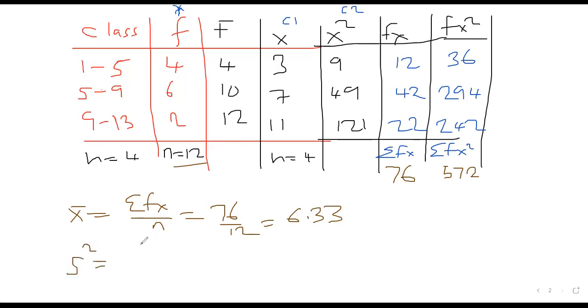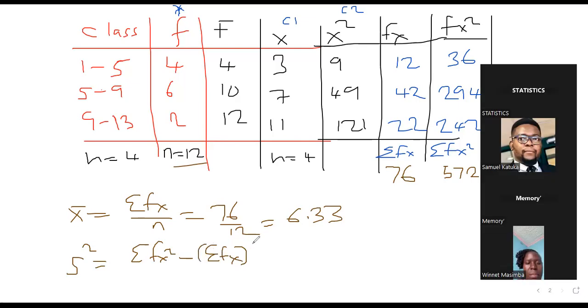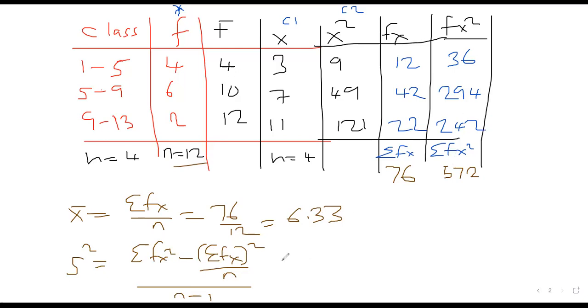Our variance is given by f of x squared minus f of x to the power 2 over n, everything over n minus 1. So in this case, our f of x squared is 572. Our f of x is 76 to the power 2 over the n is 12. Everything over n minus 1, and our n in this case is 12.